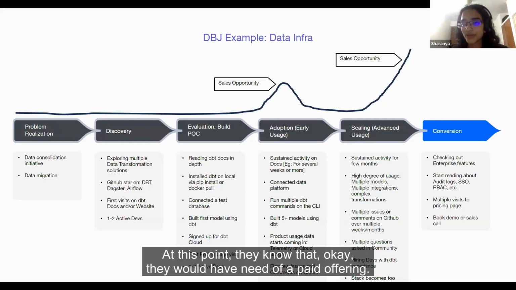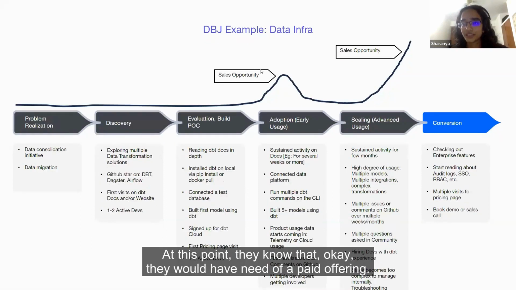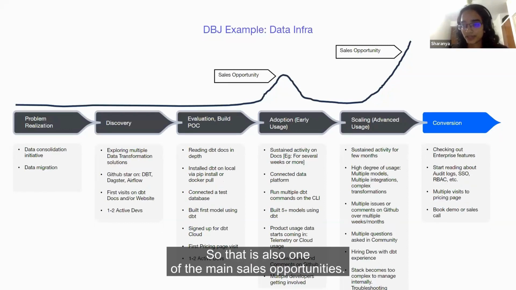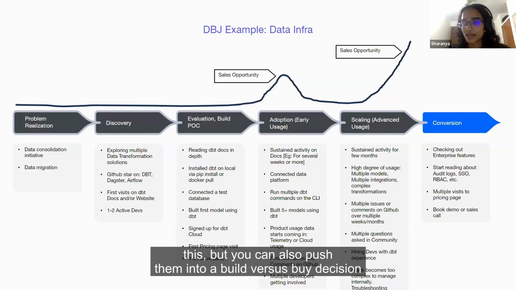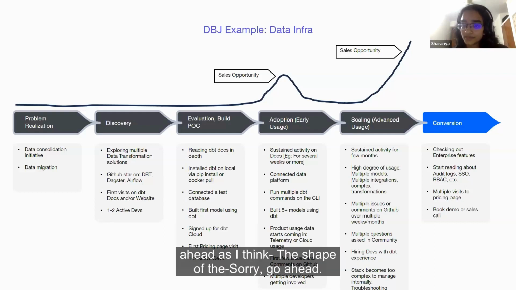At this point, they know that they would have need of a paid offering. So that is also one of the main sales opportunities here. In both these instances, it makes sense to put SDR resources onto this. But you can also push them into a build versus buy decision ahead as well.